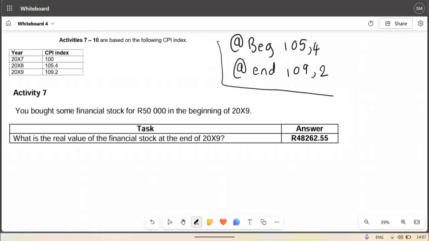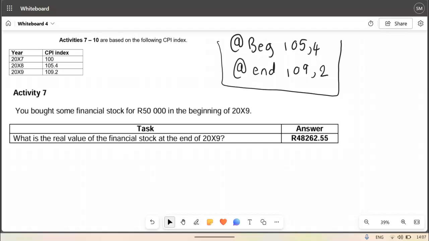Now, the reason why this is happening is that CPI is always calculated at the end of the year. So when we go into a new year, at the beginning of that year, we haven't made any calculation for that current year, which is why we will take the CPI of the previous year. Hence, on this question, we actually took the CPI 105.4 from 20x8, right?